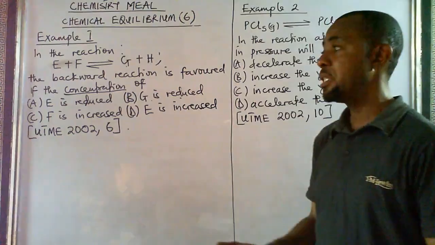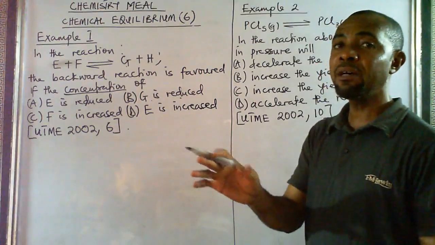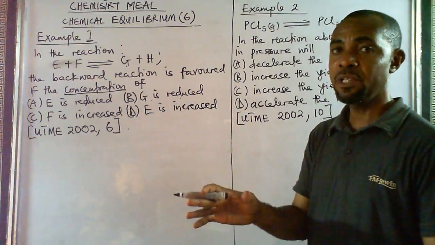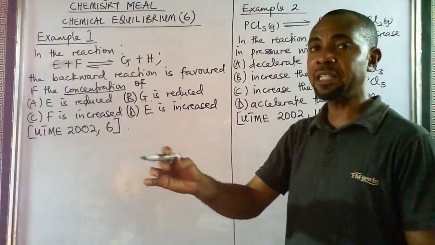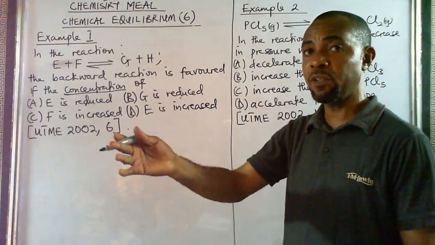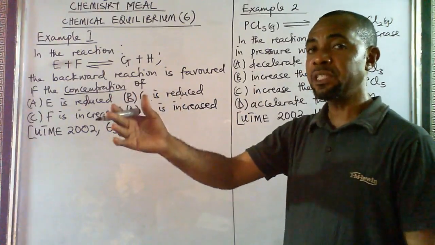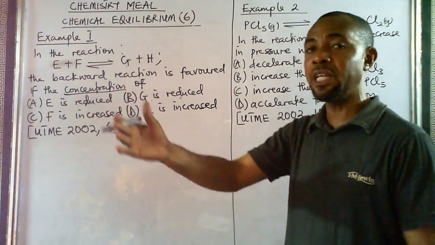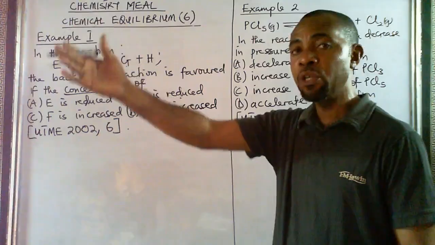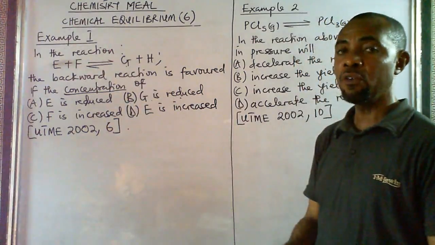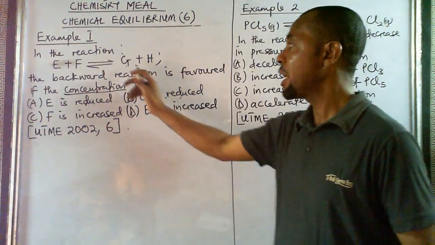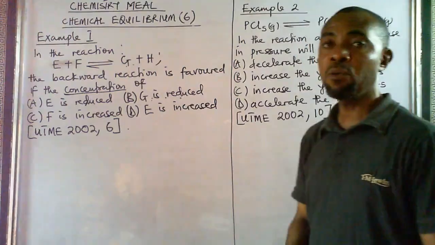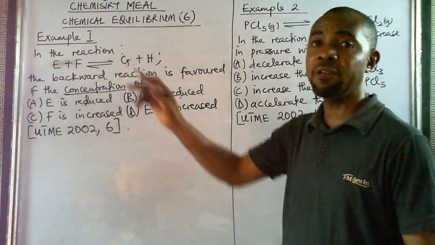We didn't say anything about the concentration of the product, but we know that when we increase the concentration of the reactant, the forward reaction will be favored, and when forward reaction is favored, it means more products are generated, and that will also lead to increase in the yield of the product. So reducing G cannot favor the backward reaction, because G is not a reactant.